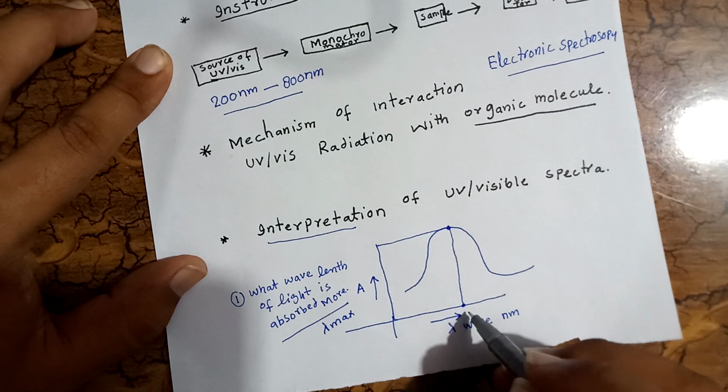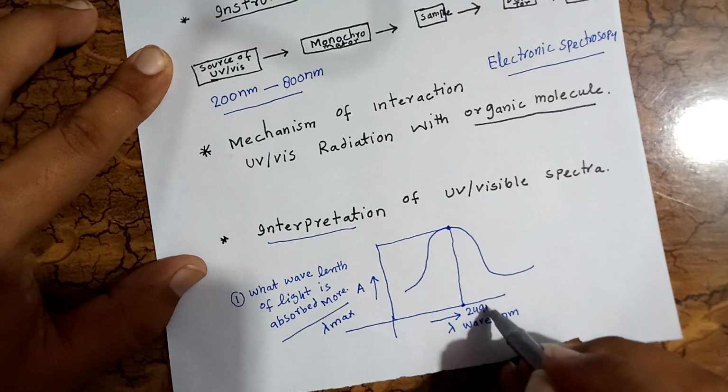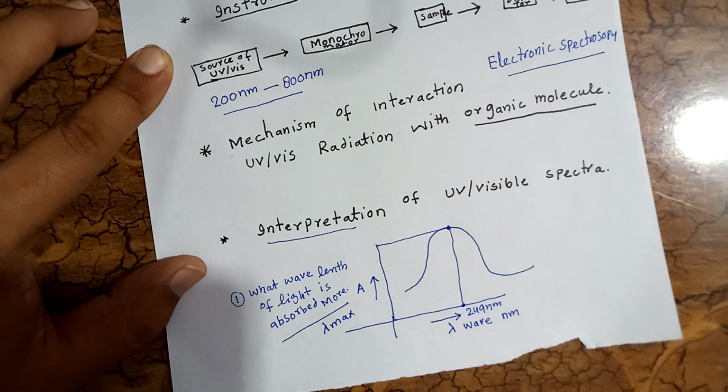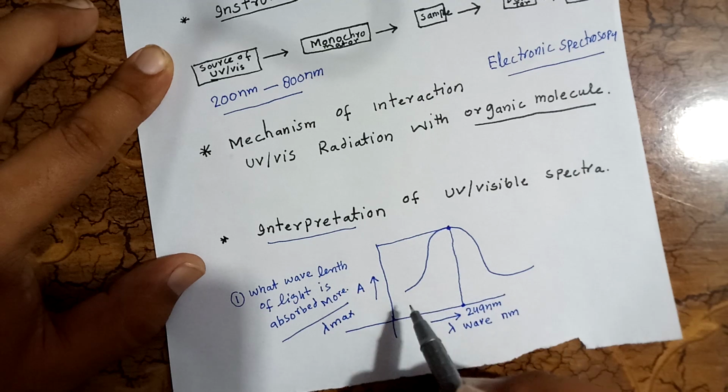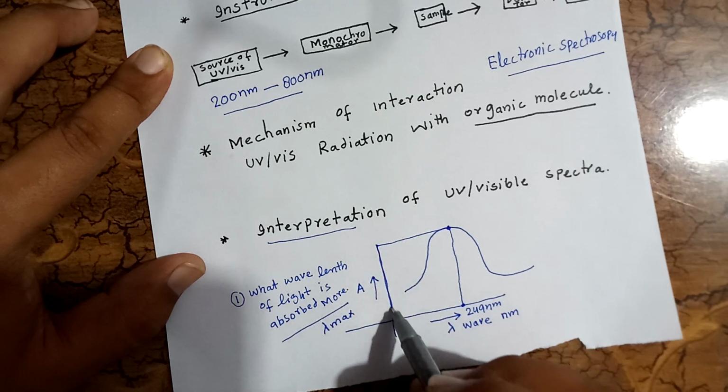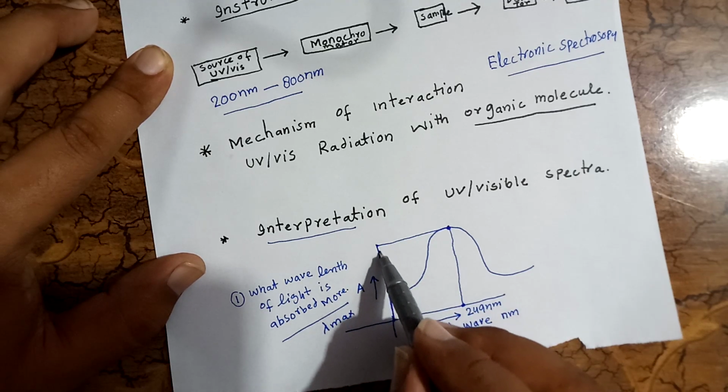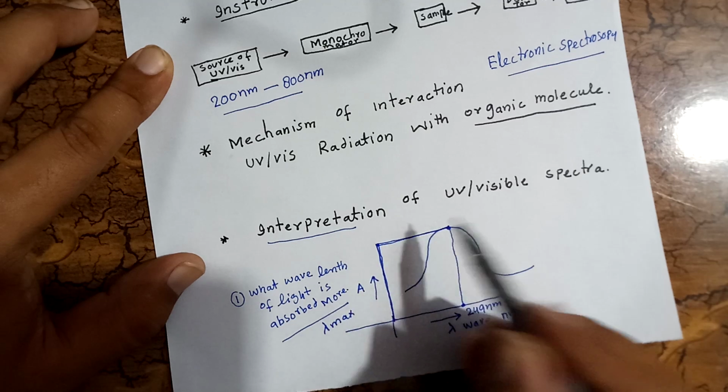If it is paracetamol, then it will be 249 nanometer, because the lambda max for paracetamol is 249 nanometers. From this, the concentration of the paracetamol can be determined, from how much absorption occurs.